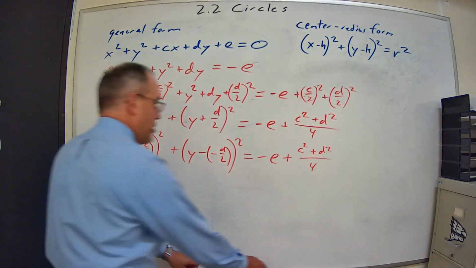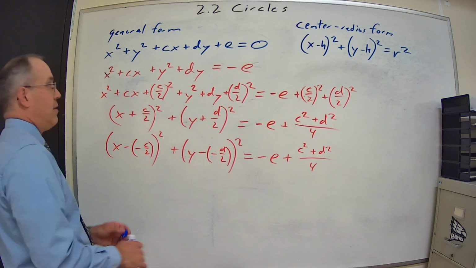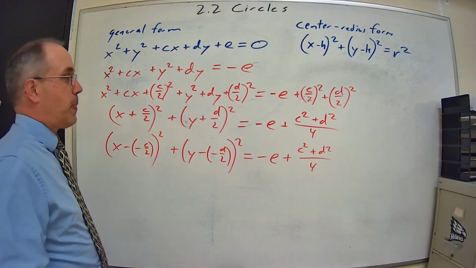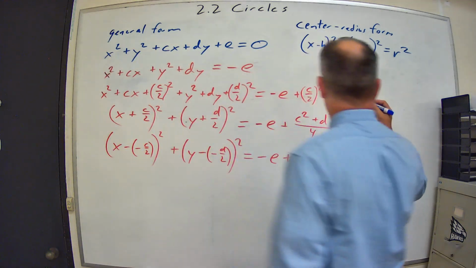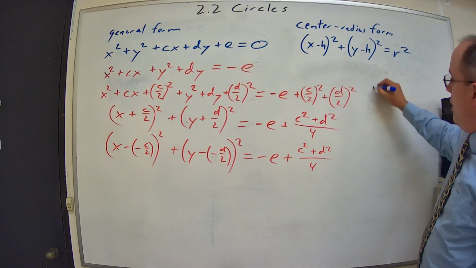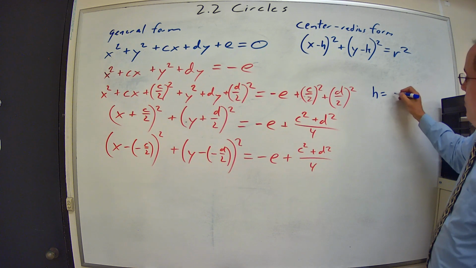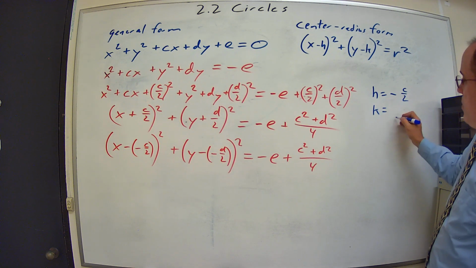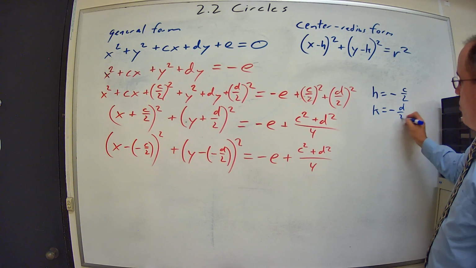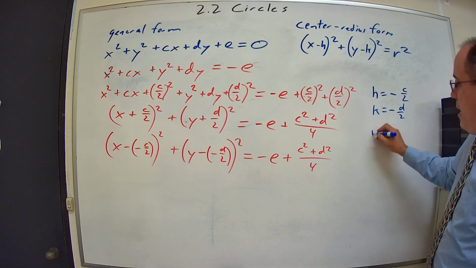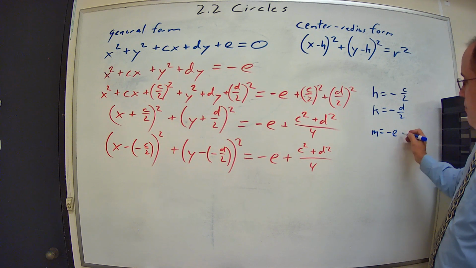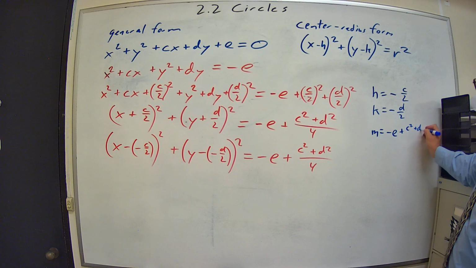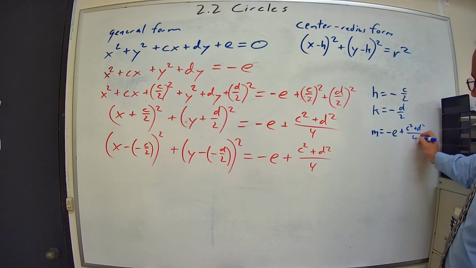What I'm going to say now is that if we start out in general form, then h is equal to negative c over 2, k is equal to negative d over 2, and m is equal to negative e plus c squared plus d squared over 4.